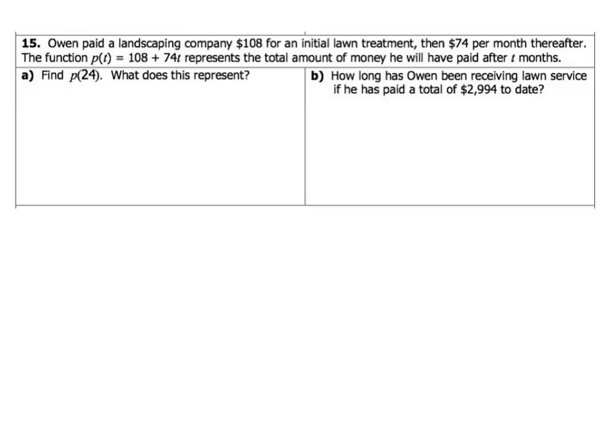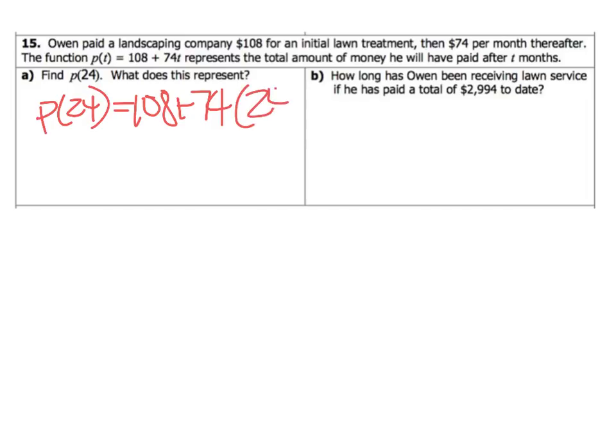So p of 24 equals 108 plus 74, and anytime we see t, we're going to plug in 24. So t is essentially just our x, our input. Now we're just solving. So 108 plus 74 times 24 is going to give us 1,776.